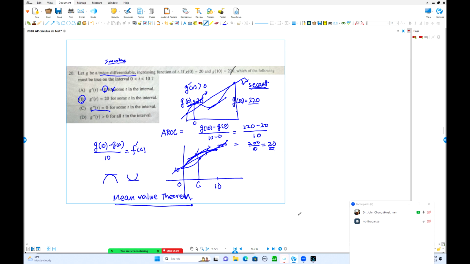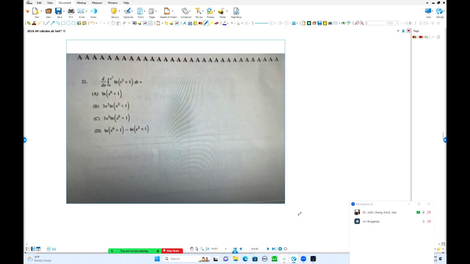Number 21. This was the second fundamental theorem of calculus, the second FTC. You understand the first FTC, right? What is that?